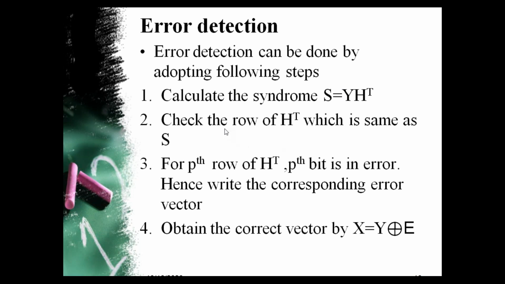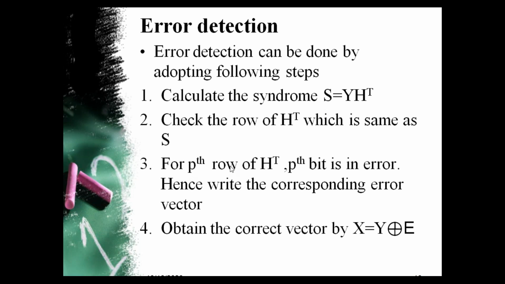Then the second step is to check the row of H transpose which is the same as S. We have got a non-zero vector. Compare that vector with the different rows of the H transpose matrix.